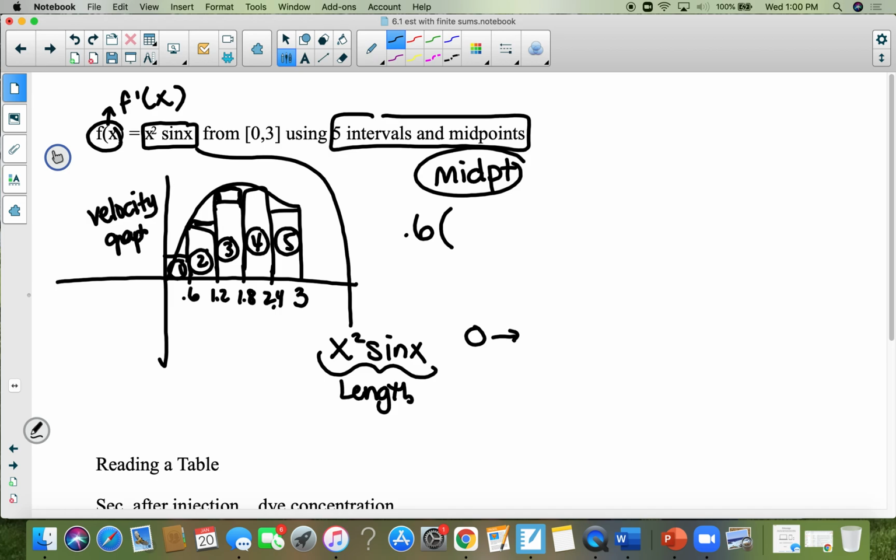So from 0 to 0.6 is the first width, the midpoint is 0.3, and then 0.6 to 1.2, the midpoint is, oh, I forgot to divide by 2, sorry, 0.9.